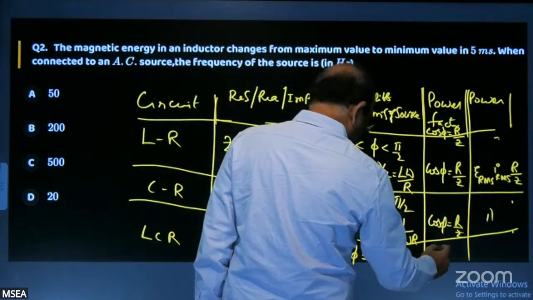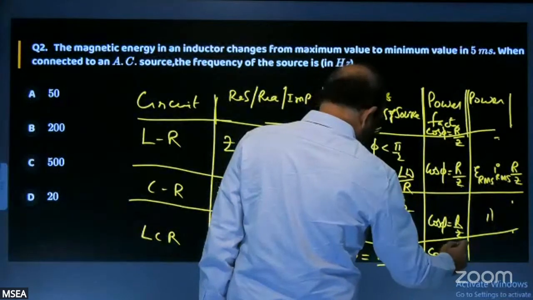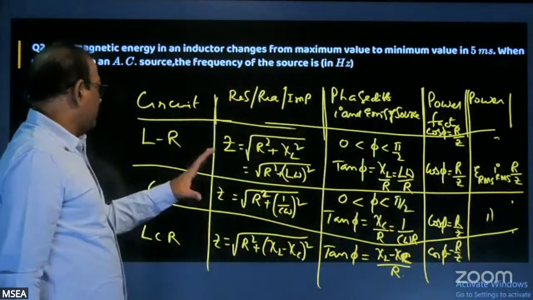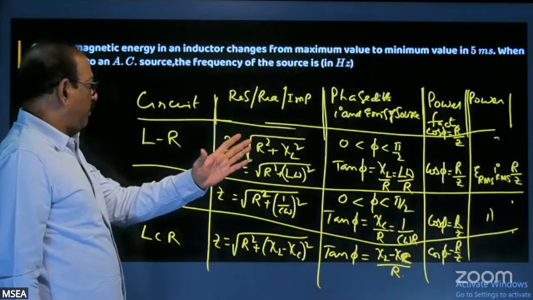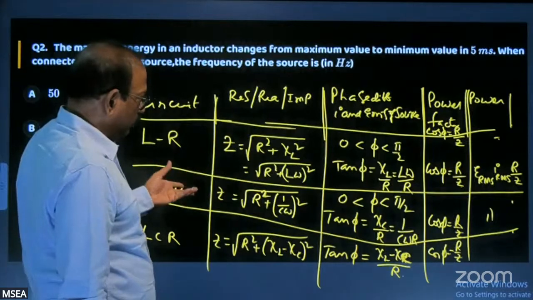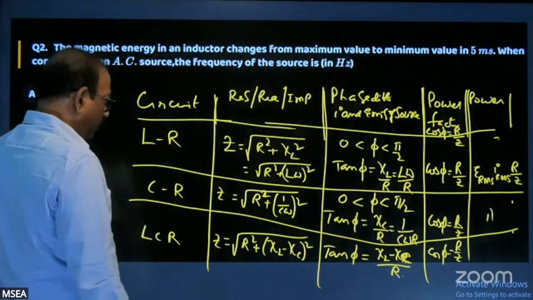And the power factor, again you have to write cos phi value R by Z. So these relations, impedance, phase difference, power, power factor for all these circuits, you have to practice repeatedly.